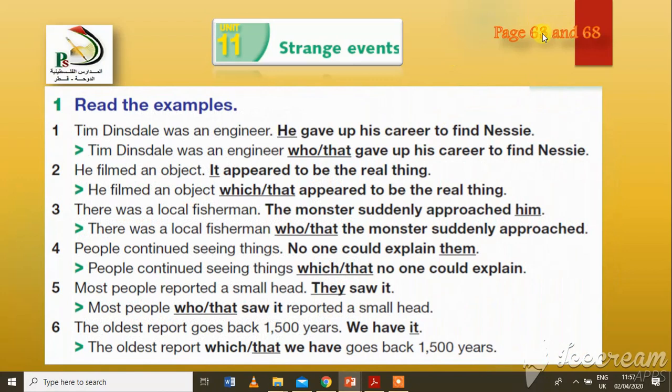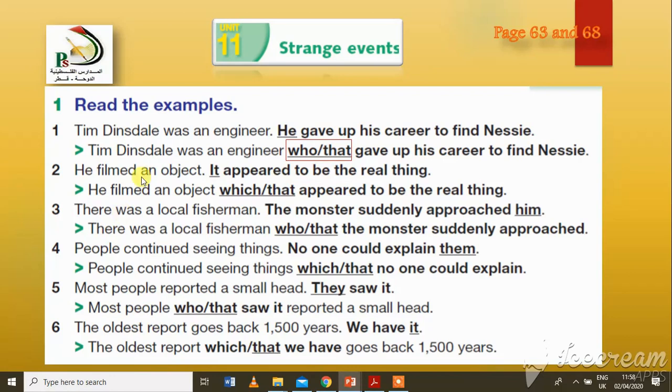Now, let's go to page number 63 and read these exercises and just highlight for me the relative pronoun and tell me, are they defining or non-defining relative clause? You can easily see the difference. Pause the video and then continue.